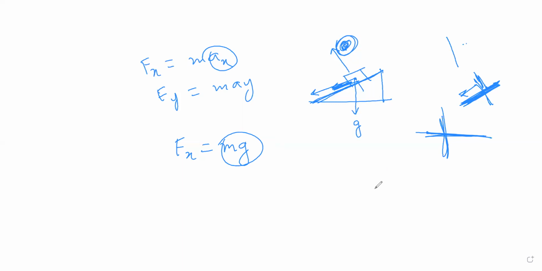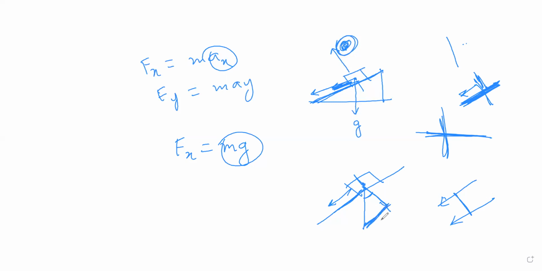But if we clearly draw our picture, if this is our box, this is our angle, and this is our ground, carefully observe. We have to find this portion, which is parallel to this portion, because if we draw the force like this, both are equal because they are parallel.